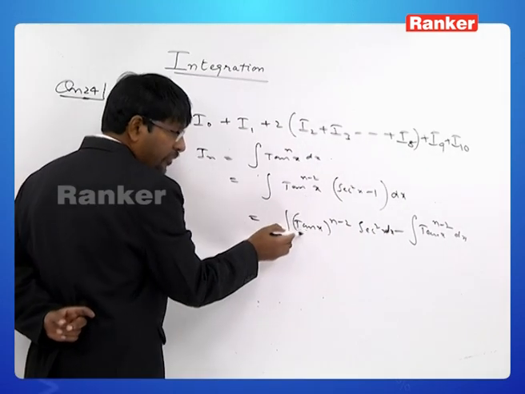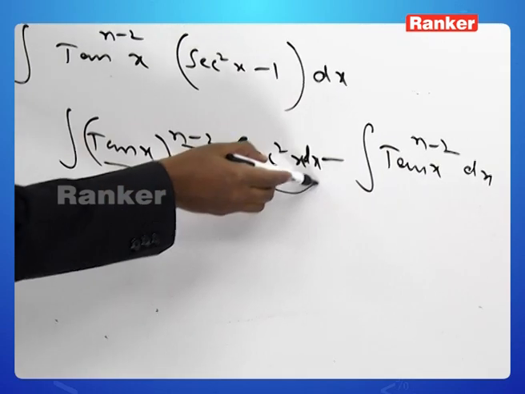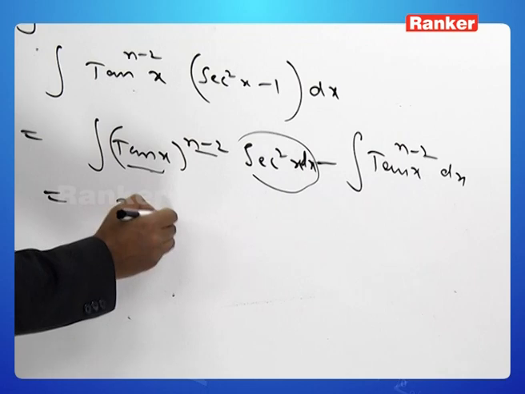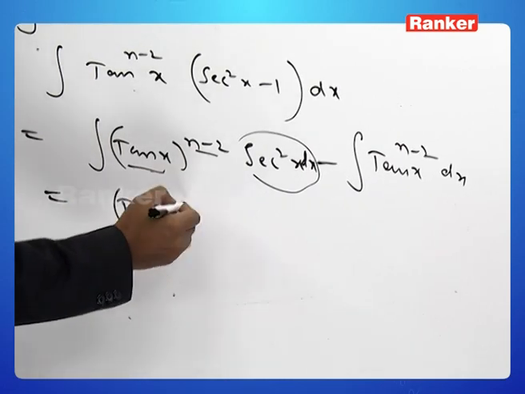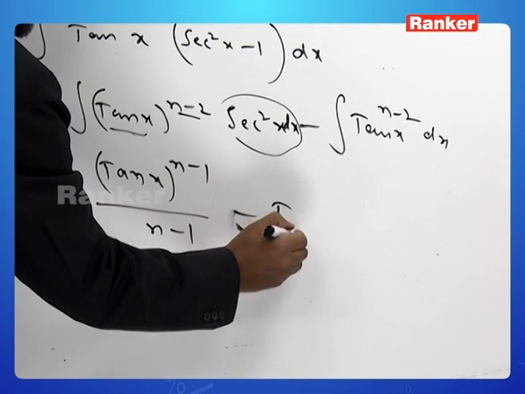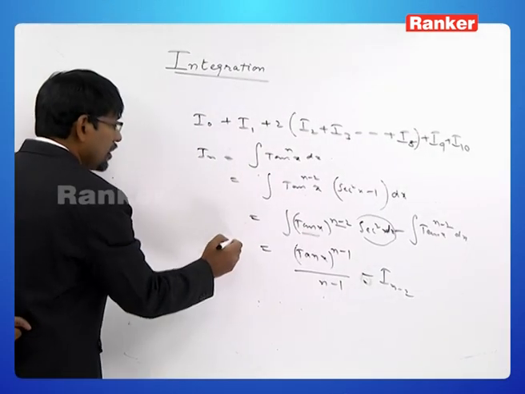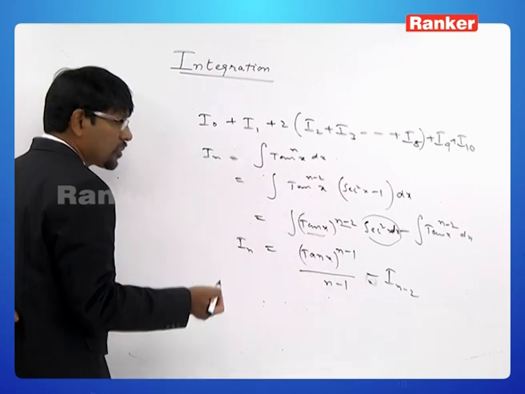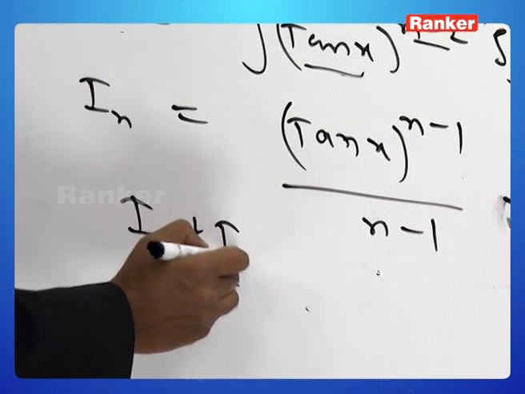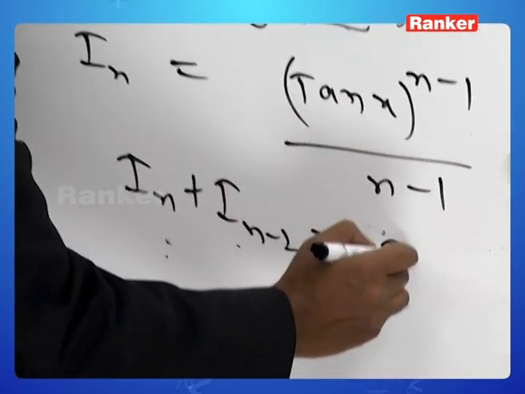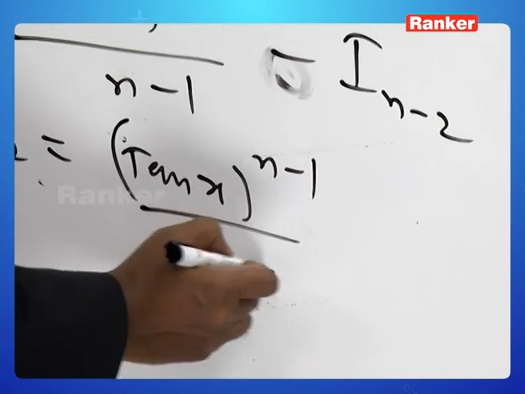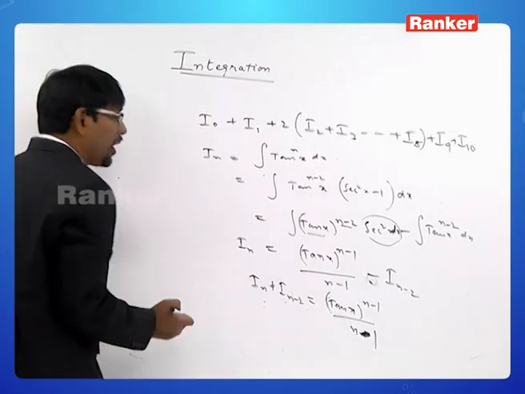Now this is in the form of f of x raised to the power n minus 2 into f dash of x dx. So now this turns out to be tan x raised to the power n minus 2 plus 1, that is n minus 1 by n minus 1 minus In minus 2. So In plus In minus 2 is equal to tan x raised to the power n minus 1 by n minus 1, is what we have.